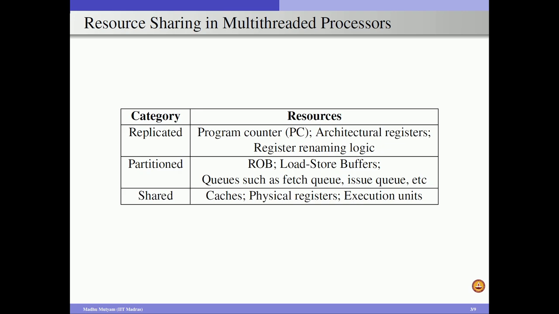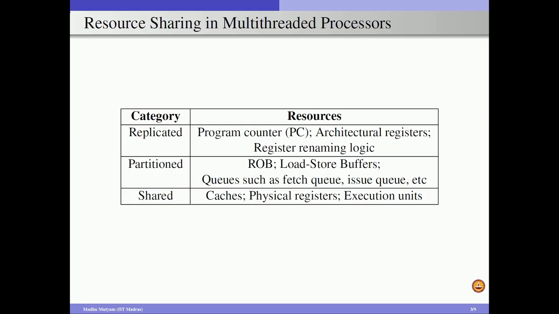So, several resources are available with the processor, and if the processor is supporting multi-threading, some of these resources can be shared by all the threads associated with the processor, but some resources need to be replicated.